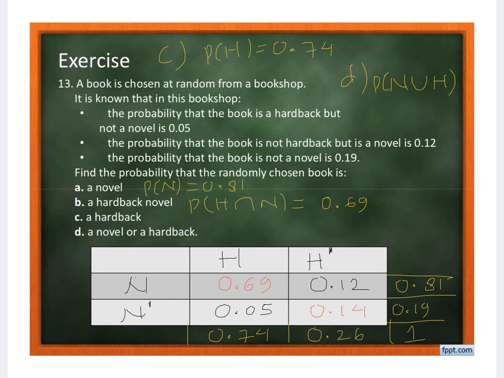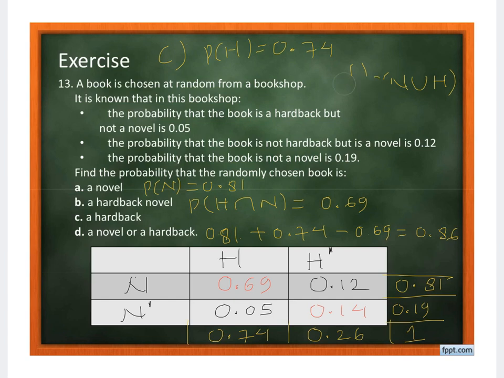So the formula is novel, 0.81, plus hardback, 0.74, minus the intersect, 0.69. The answer is 0.86.